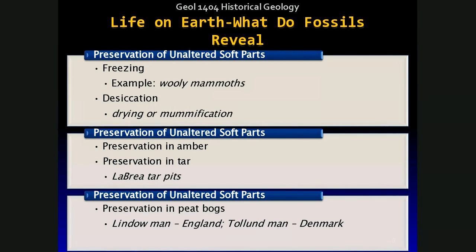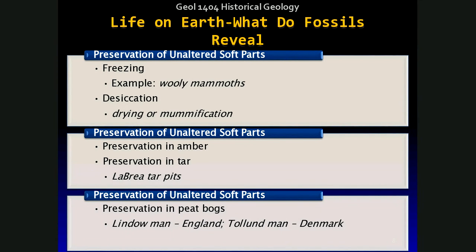Very rarely, though, organisms can be preserved as unaltered soft parts. But such a preservation requires special conditions such as freezing, or in arid climates, desiccation, or if the organism is caught inside, like an insect inside amber, or larger organisms' bodies caught in tar.